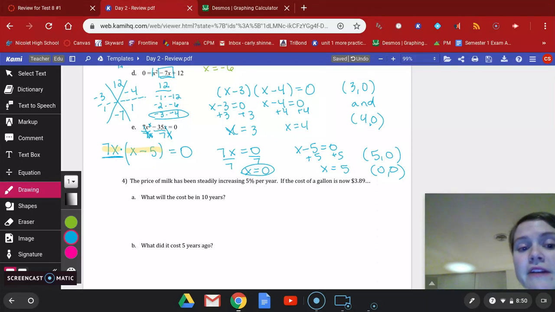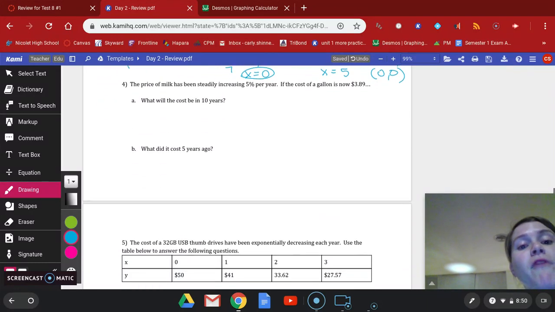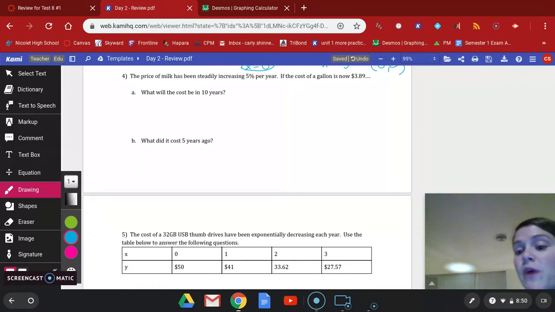Alrighty, I think I've got time to get you started on number 4. And again, we've got to do our best to try the rest of the problems in order to get full credit, okay? So number 4 says the price of milk has been steadily increasing 5% per year. Whenever you see a percentage, do I think linear, exponential, quadratic?